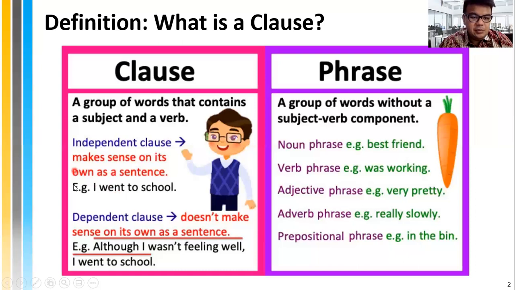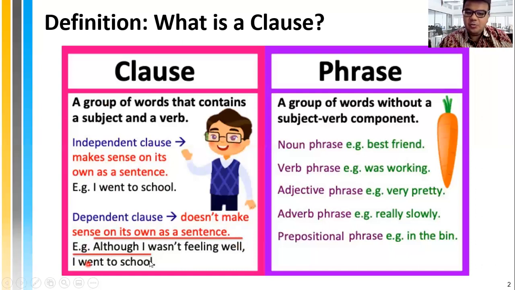There are two types of clauses. The independent clause is the part that makes sense on its own as a sentence. I went to school. Oh, I get it. And the dependent clause, the less important clause, doesn't make sense on its own. Like what? Although I wasn't feeling well.